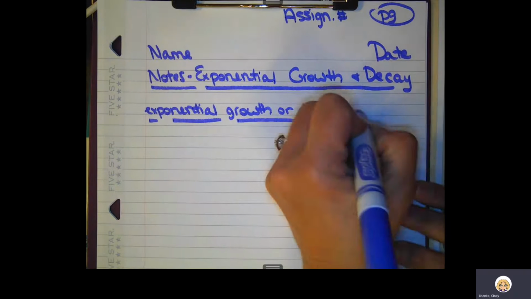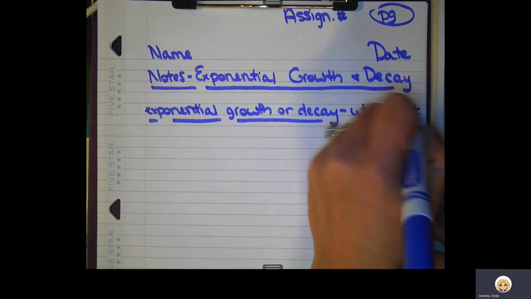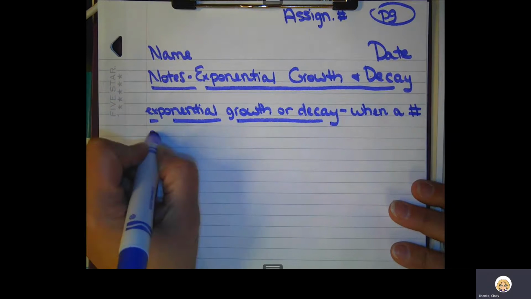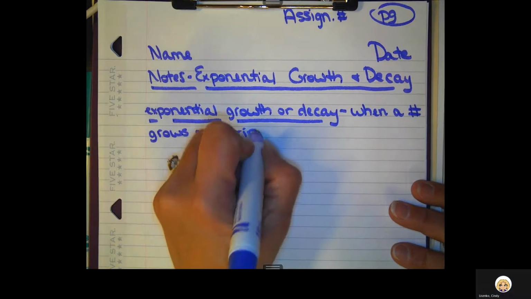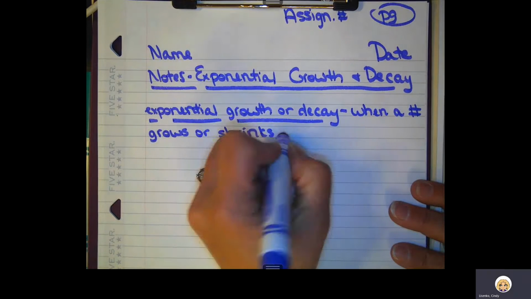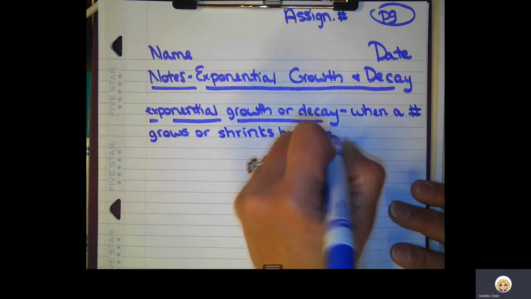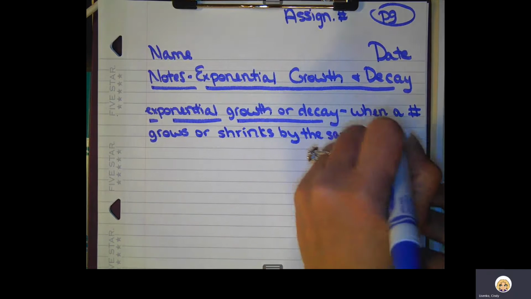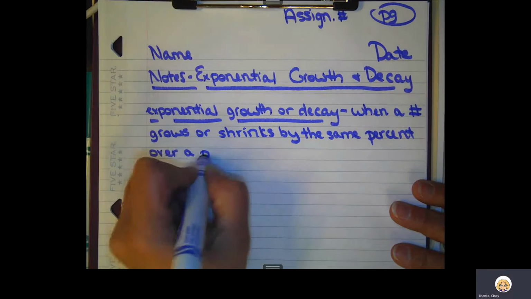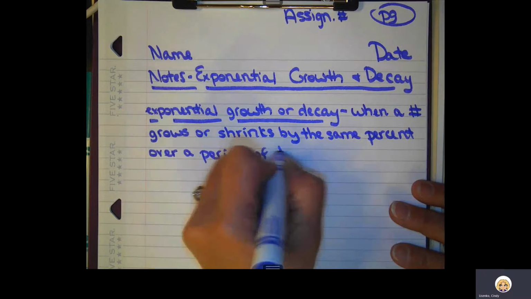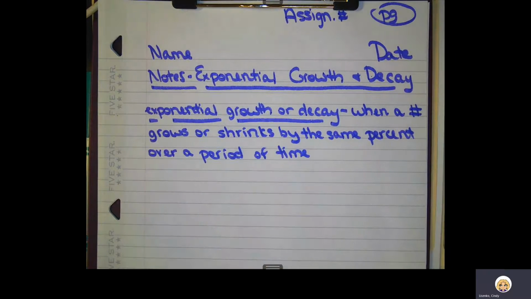Can you write: when a number grows or shrinks by the same percent over a period of time. So if you have an example that says over 5 years, it goes down 5% a year, or every year it goes up 10%. That is exponential growth and decay.